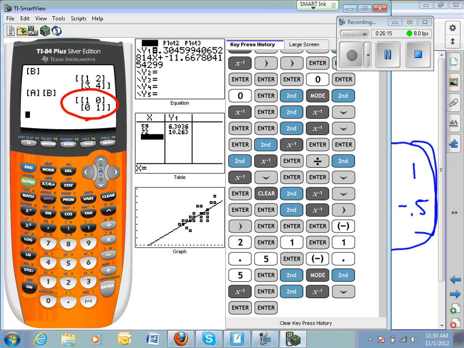Technically, because matrix multiplication is not commutative, we need to test it both ways. Generally speaking, if it is the inverse multiplying one way, it's going to be the inverse in reverse order as well. But let's try it, just because this is so much fun to see that 1001 pop up. All right, so B times A.